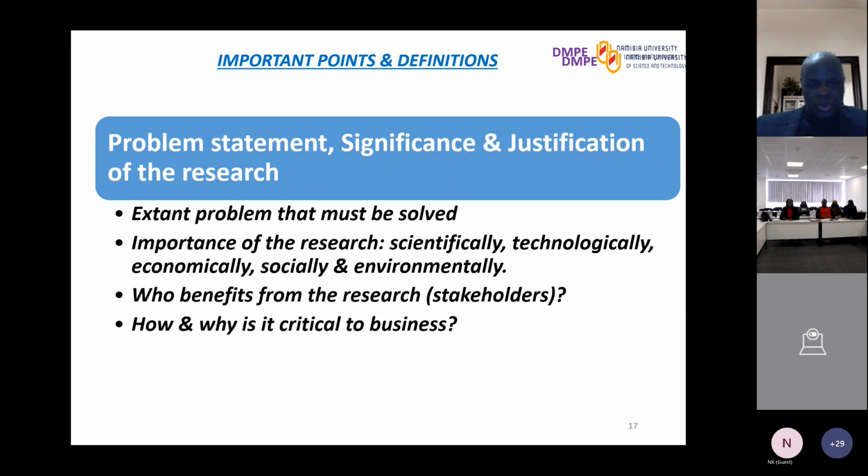You need to also show how scientifically or technologically, economically or socially or environmentally this research is very important.